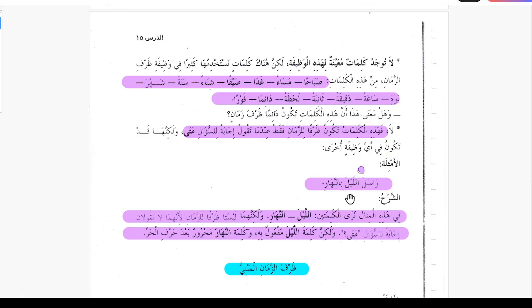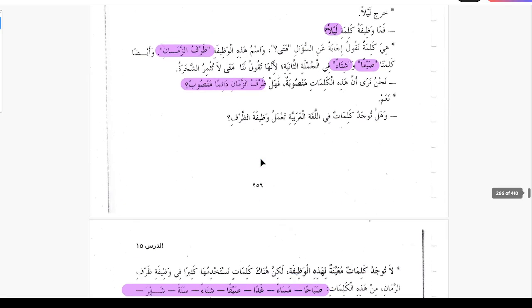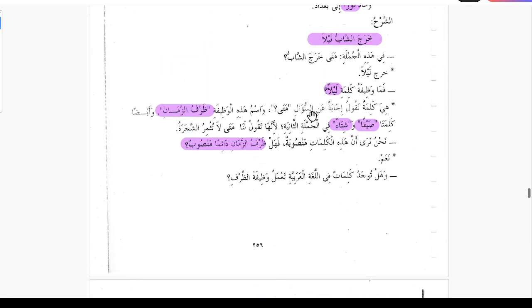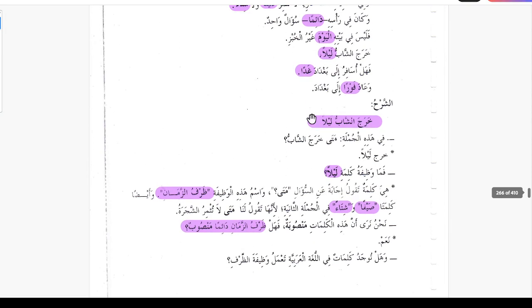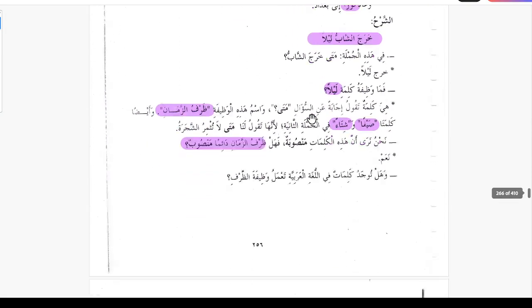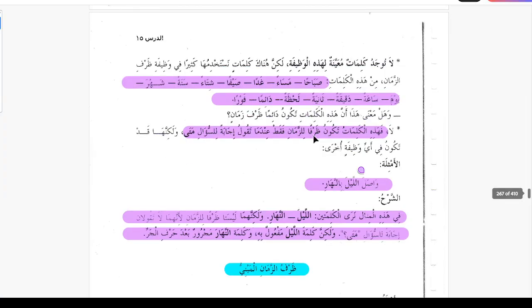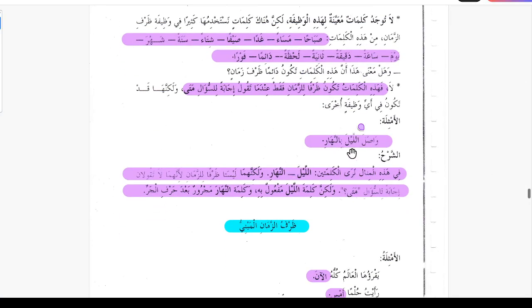So although laylan and nahar are among the words that we have seen here, we cannot say that these are adverb of time.